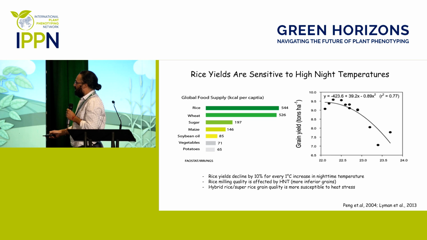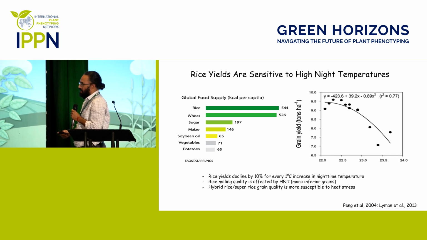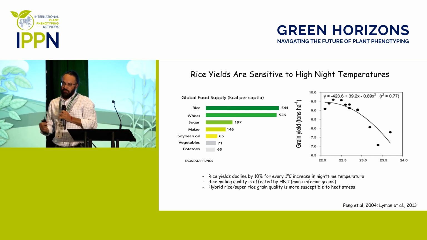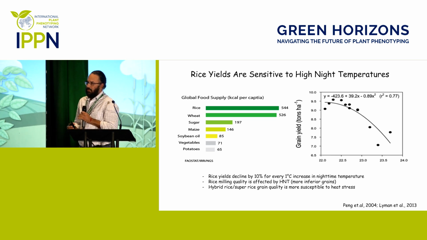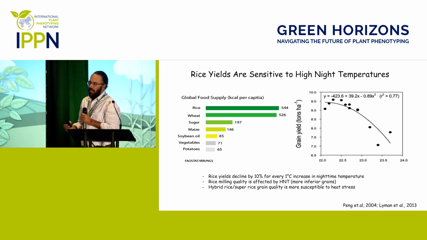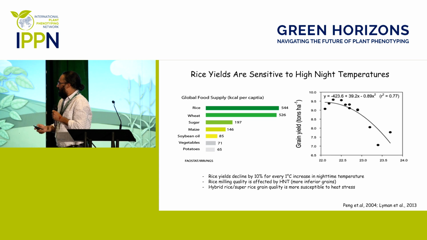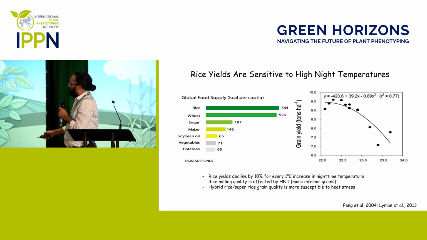Similarly, there's some evidence that hybrid rice, which is the type of rice that grows a lot in the U.S. and in many other parts of the world, is also more susceptible in terms of quality and yield to higher nighttime temperatures. For my study, I'm going to call high night temperature, since it's a long word, HNT.